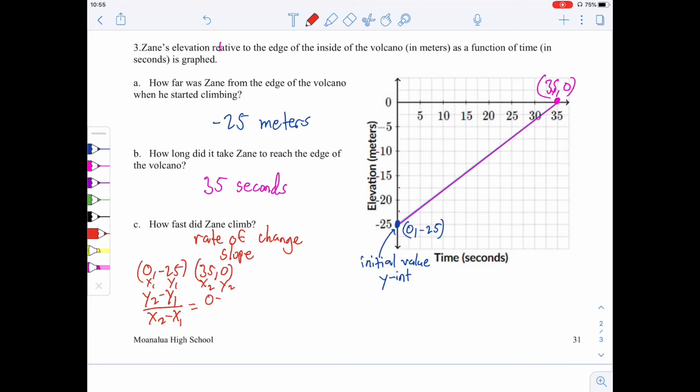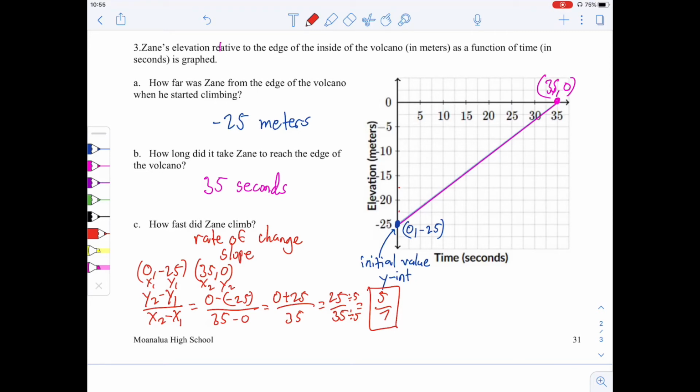So we got 0 minus -25 over 35 minus 0. So that's going to be 0 plus 25 over 35. We got 25 over 35, and we can reduce it by 5. Divide top and bottom by 5. So we got 5 over 7.